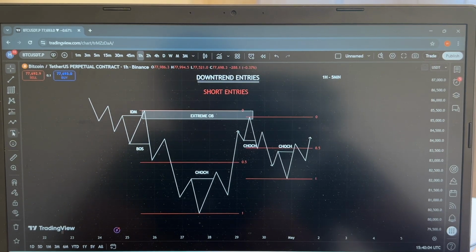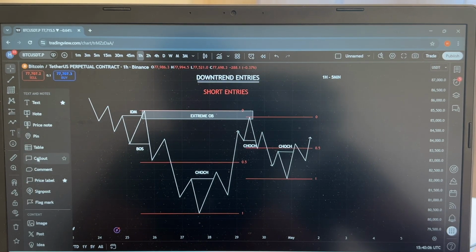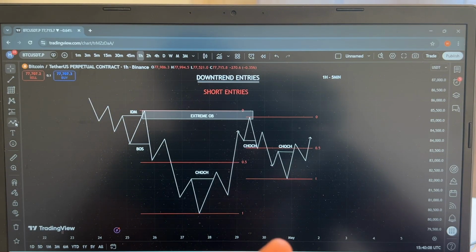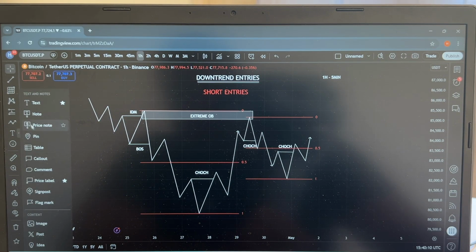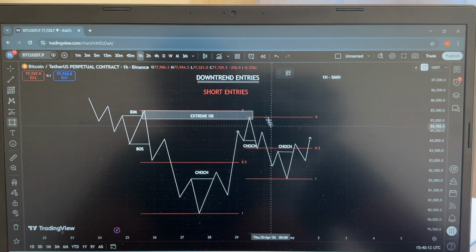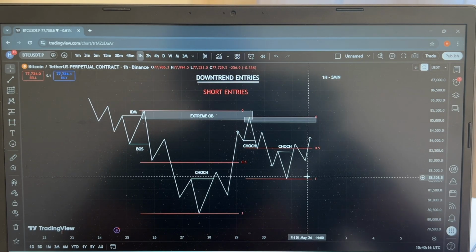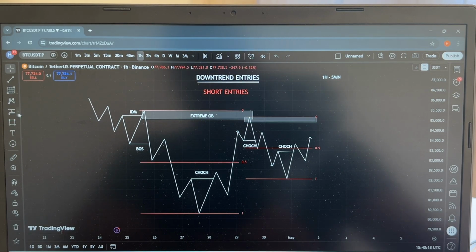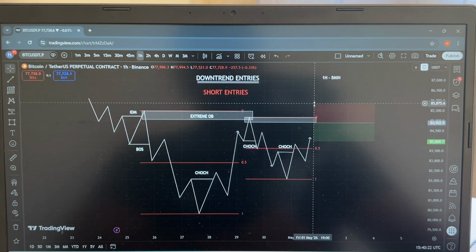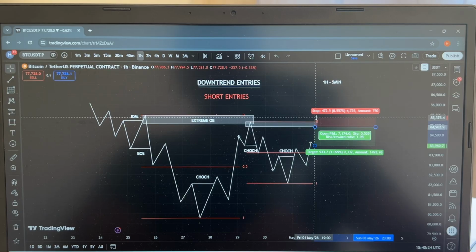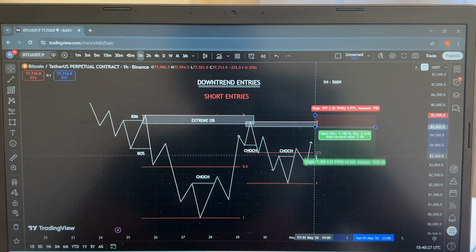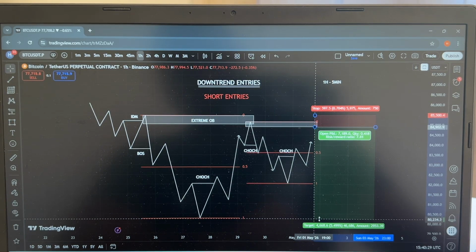Previously I gave you 2 order blocks, but here let's say there's only 1 order block, this. So you wait for the short entry right over here. You keep your stop loss slightly above, and you're going to draw it somewhere over here.